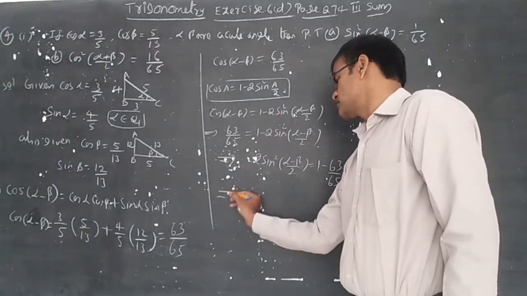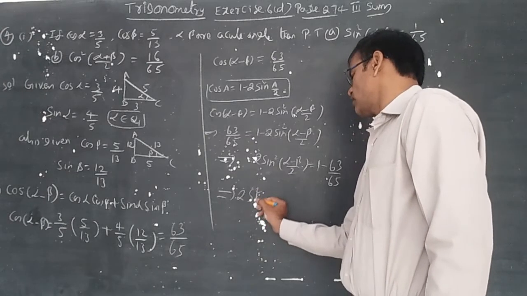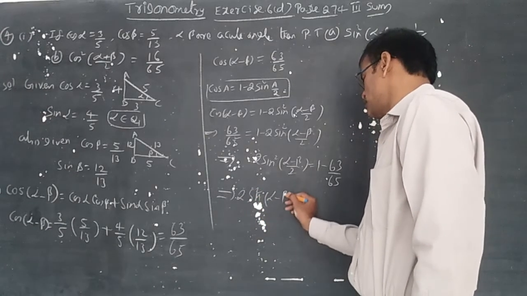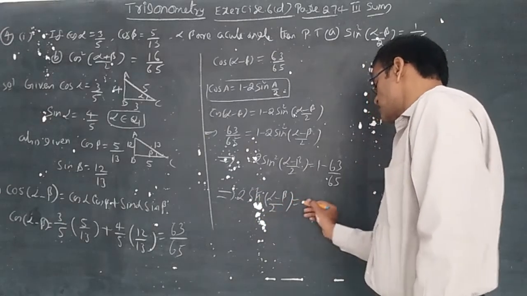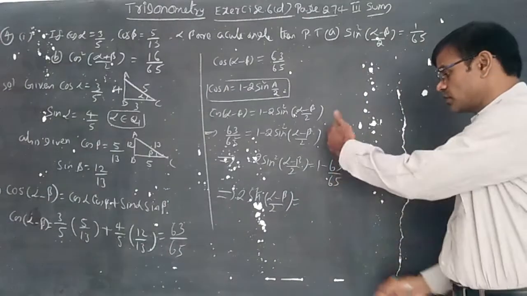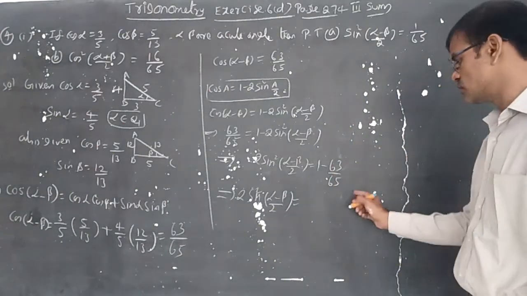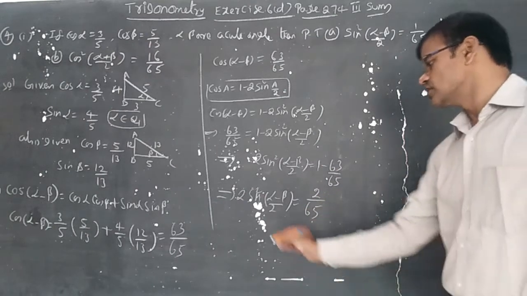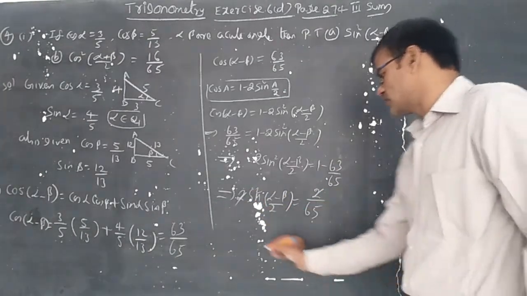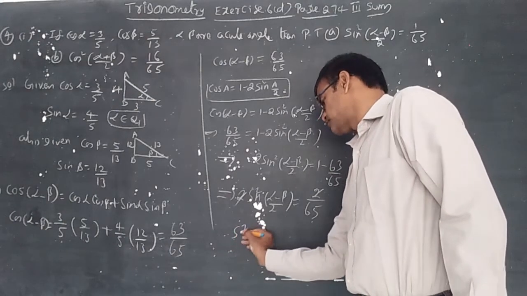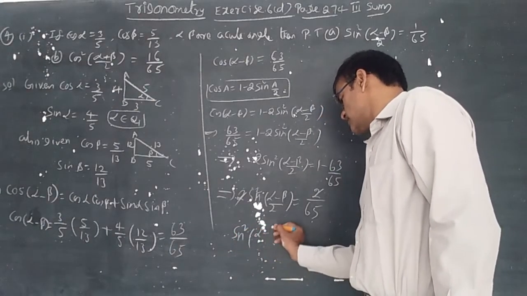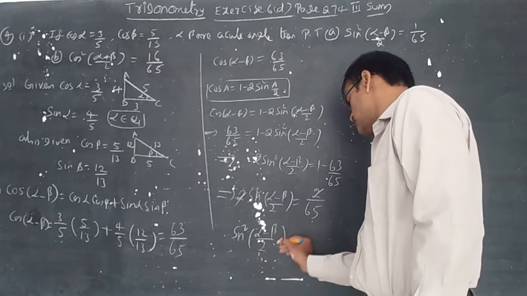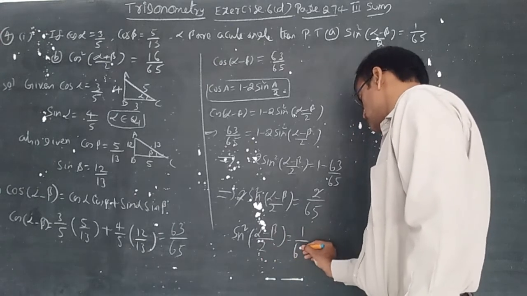That implies 2 sin square of (alpha minus beta) by 2, taking LCM, is 65 minus 63, so you can write 2 by 65. This 2 and this 2 will get cancelled. Therefore write like this: sin square of (alpha minus beta) by 2 is equal to 1 by 65.